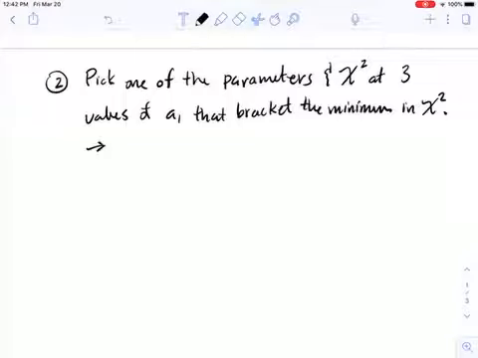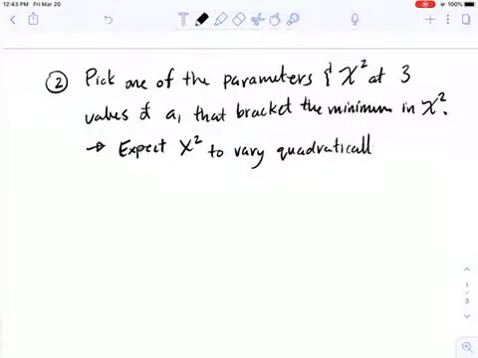And so what you have to do is pick your 3 values of A1 where, if you were to plot how chi-squared changes with A1, you want to be in the region where it looks quadratic. So you expect chi-squared to vary quadratically near the minimum.